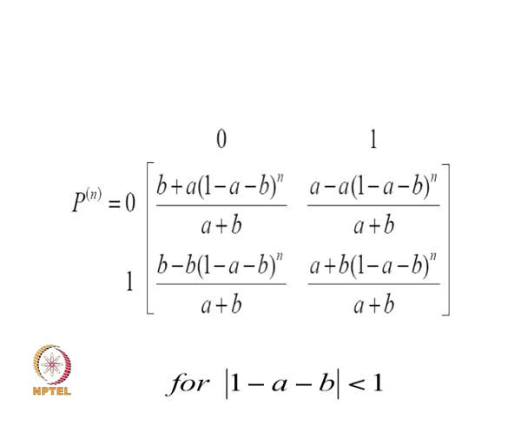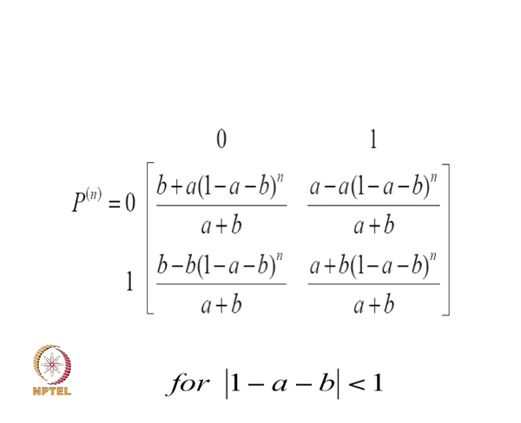Similarly, the n step transition probability of the system moving from 1 to 0 is b minus b times (1 minus a minus b) power n, divided by a plus b, and a plus b times (1 minus a minus b) power n, divided by a plus b. So, here I am just giving the n step transition probability in matrix form.